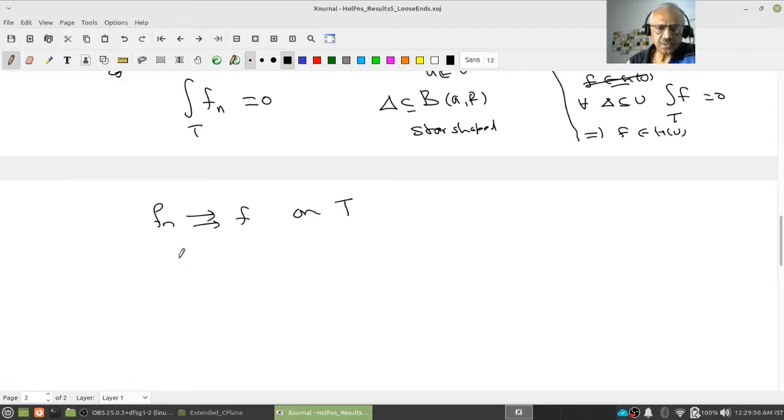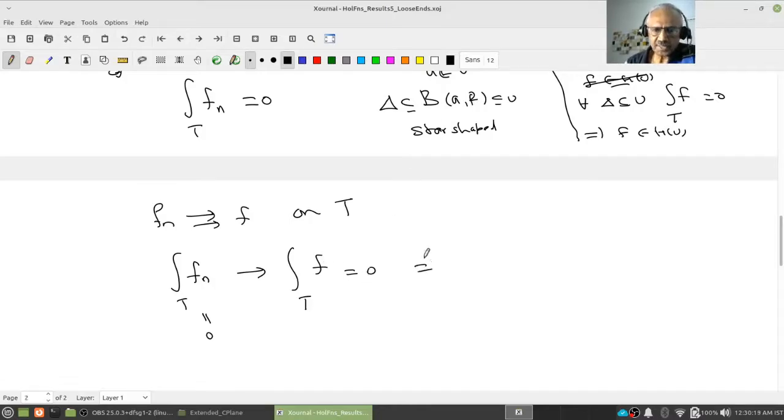Therefore, I know path integrals behave well with it. Therefore, the integral of Fn over the path T should converge to the integral of F over the path T. But this is always 0. Therefore, I conclude the integral of F over T is 0. So what I have shown, for every triangle delta contained in the disk B(A,R), which in turn is contained in U, is that the integral of F over T is 0.